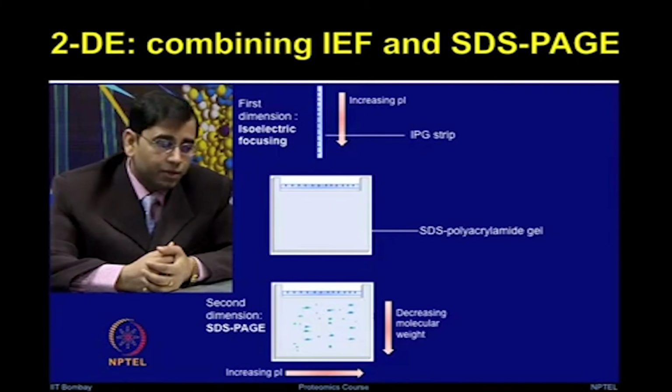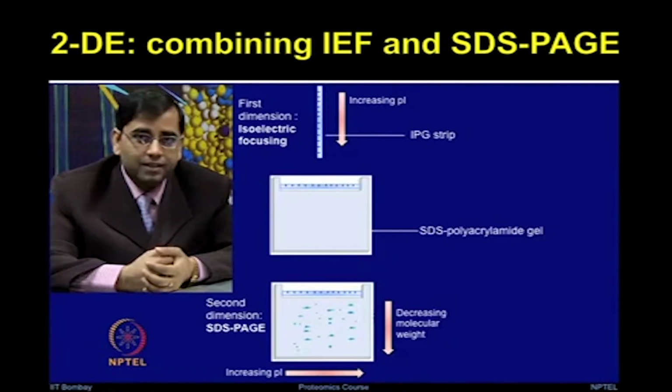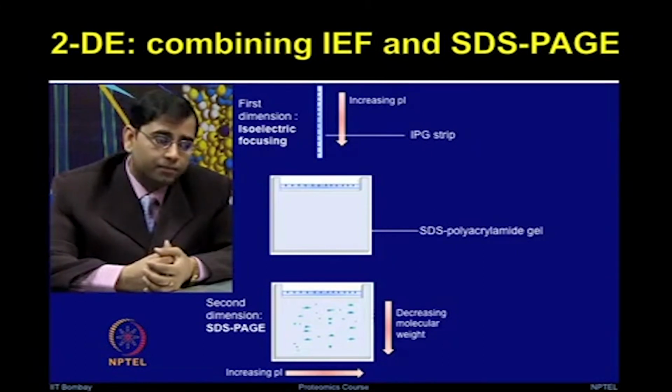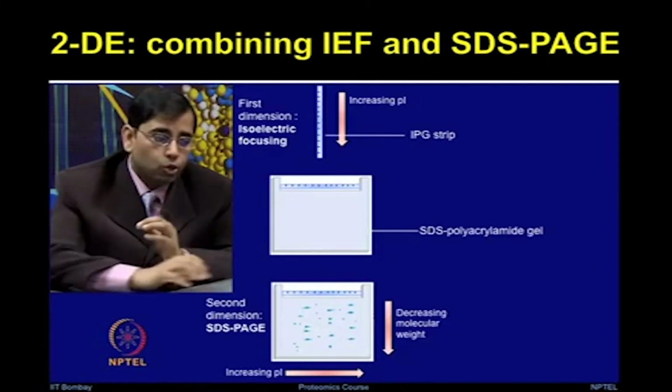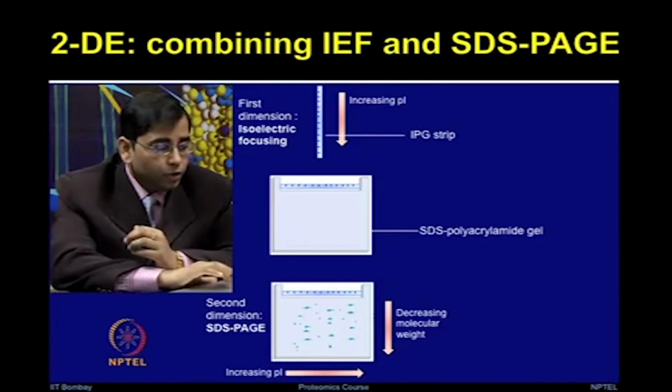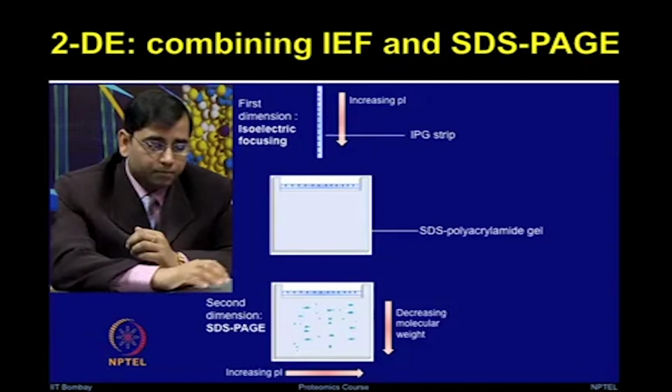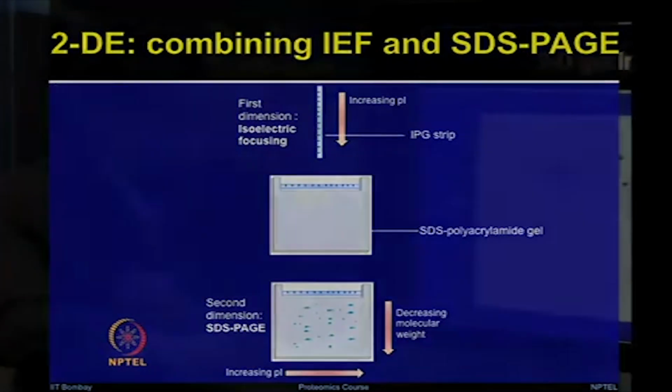Now, in the second dimension, on the SDS polyacrylamide gel, you can place the first dimension separated protein, and with decreasing molecular weight the proteins are separated. So, on the given gel you can separate the proteins based on both molecular weight and isoelectric point.